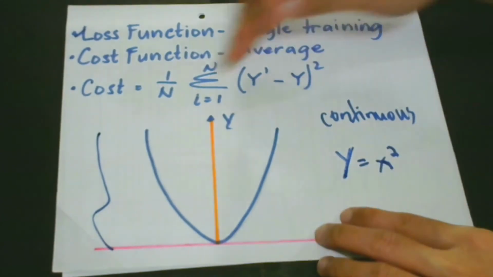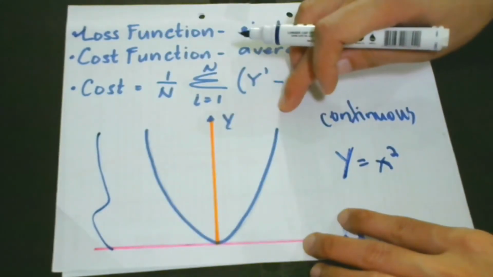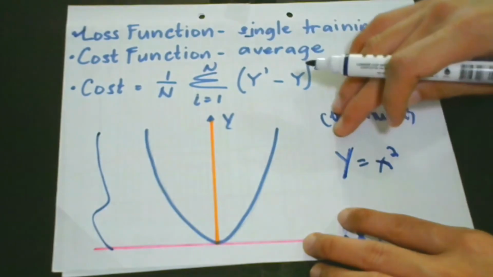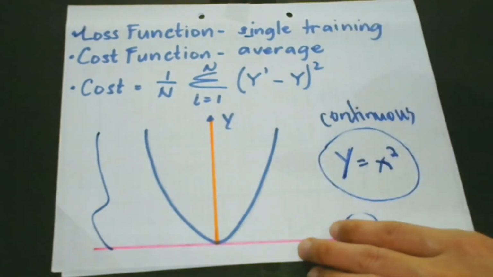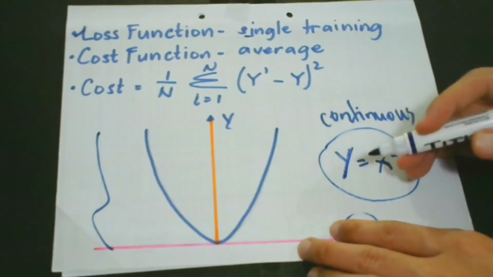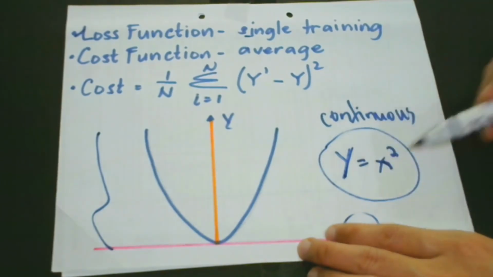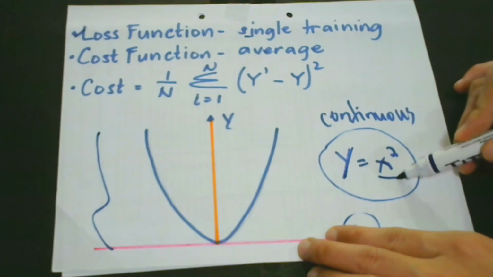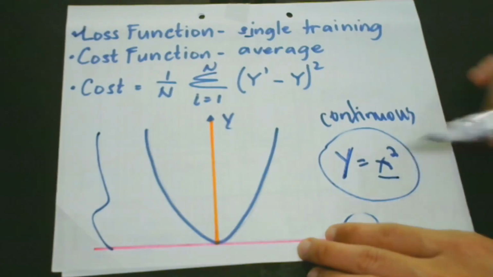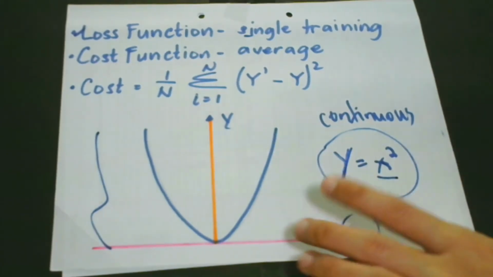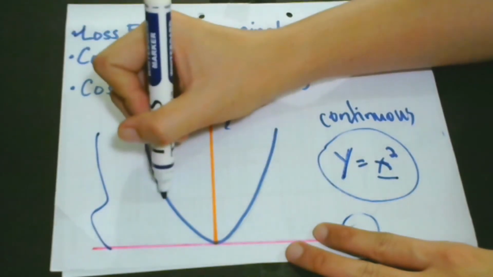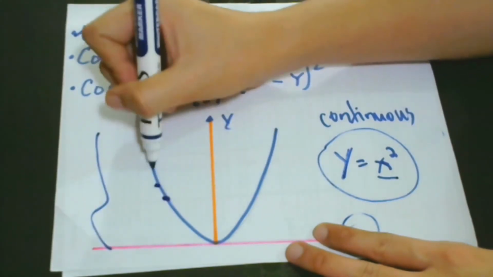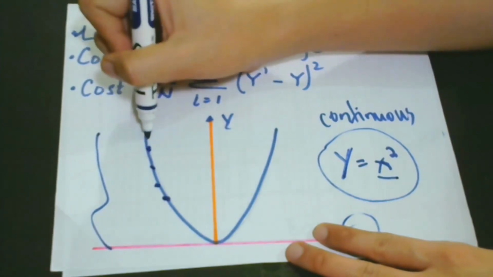To minimize this function, we're going to identify a certain value of x that can produce the lowest value of y. Of course we have different values of x.